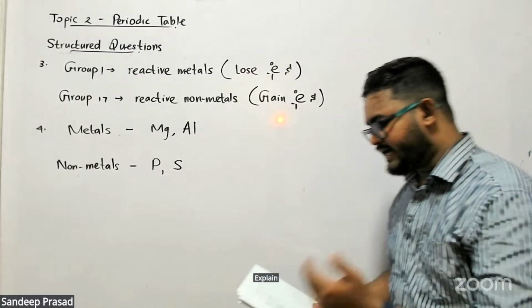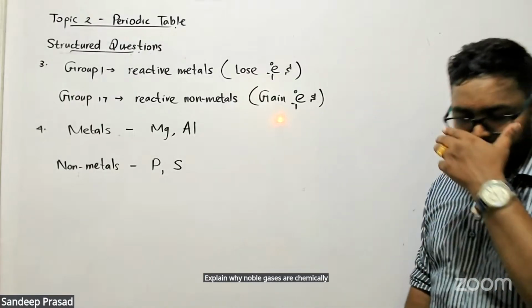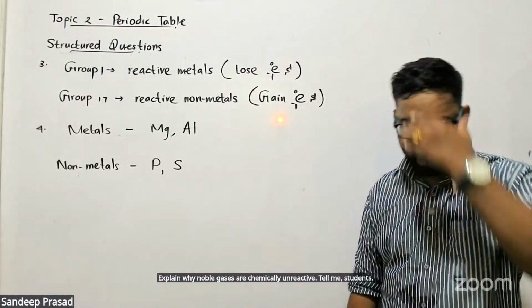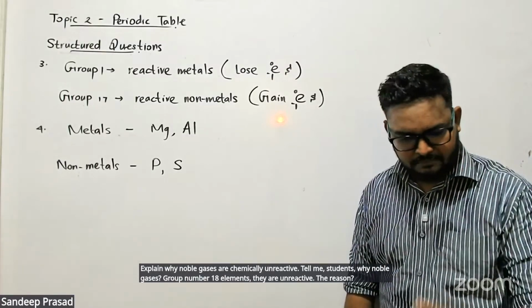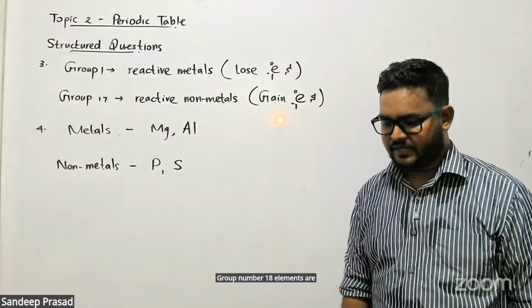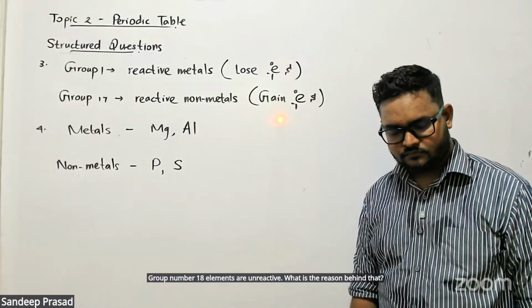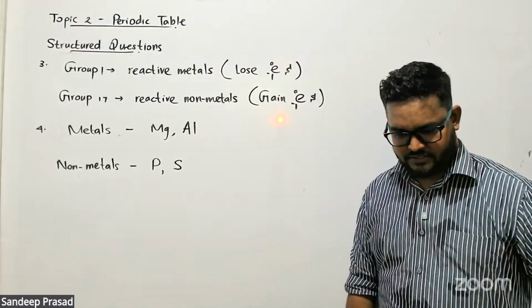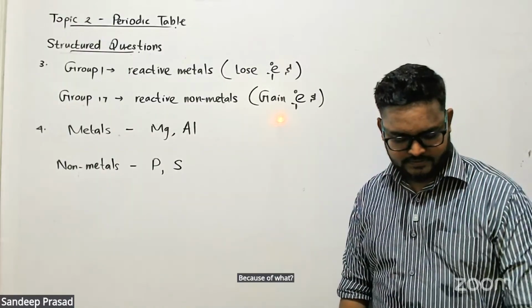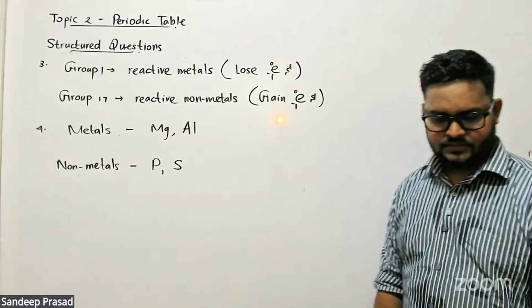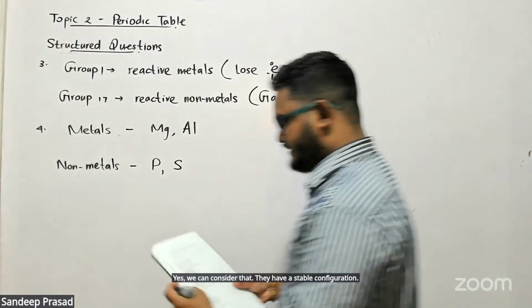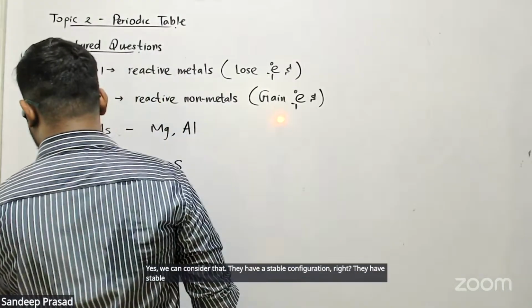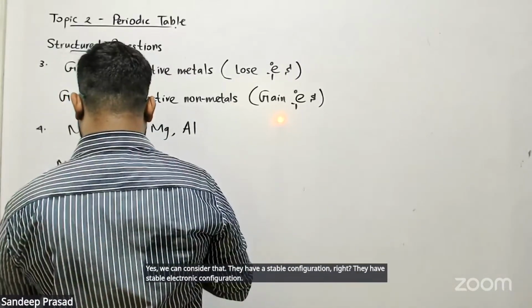Explain why noble gases are chemically unreactive. Tell me, students, why noble gases, group number 18 elements, are unreactive. What is the reason behind that? Because of what? Yes, they have a stable electronic configuration, right?